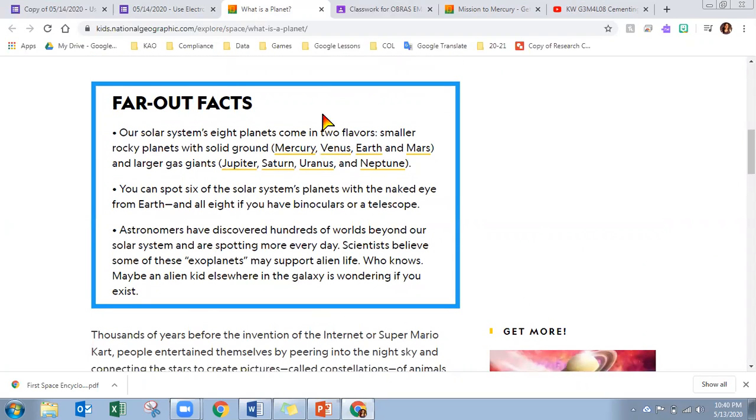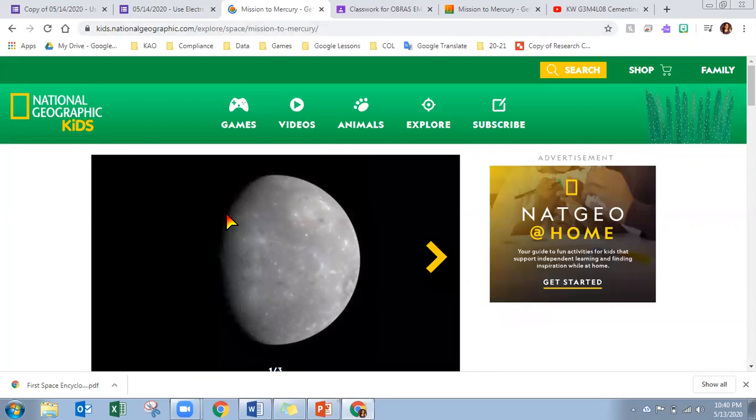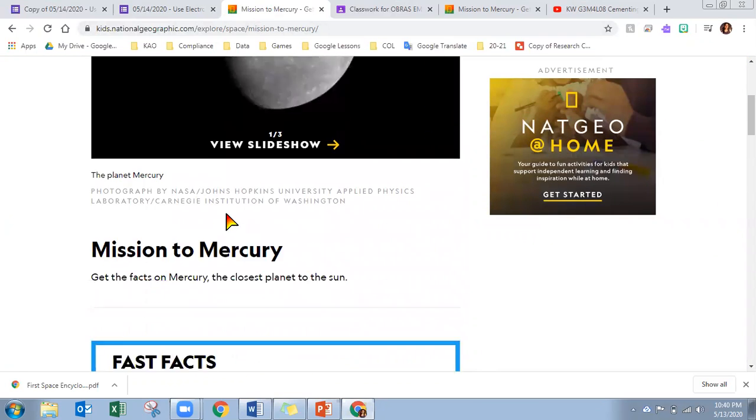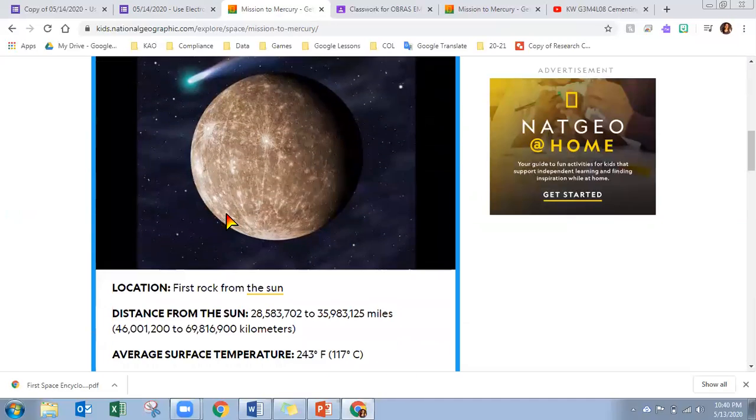So I'm going to go up here and I know that this is a link. So I'm going to go ahead and click that. So it takes me to the website that's all about Mercury. So remember, our other keyword is temperature. So we can look for that.